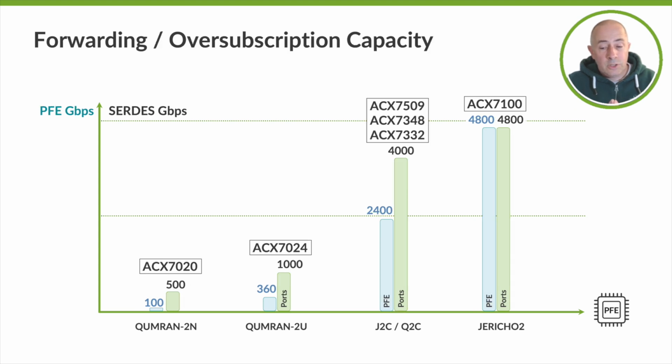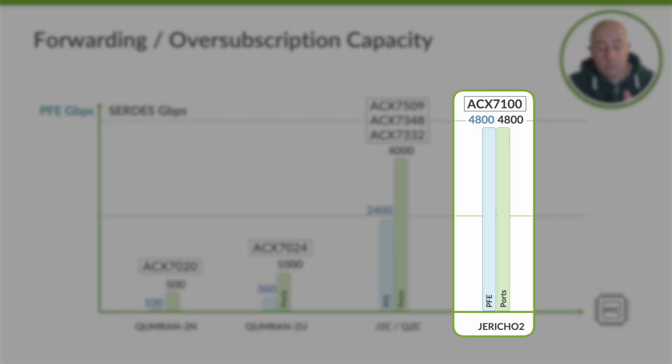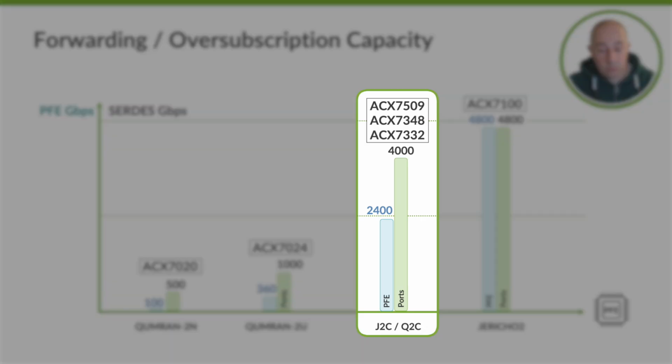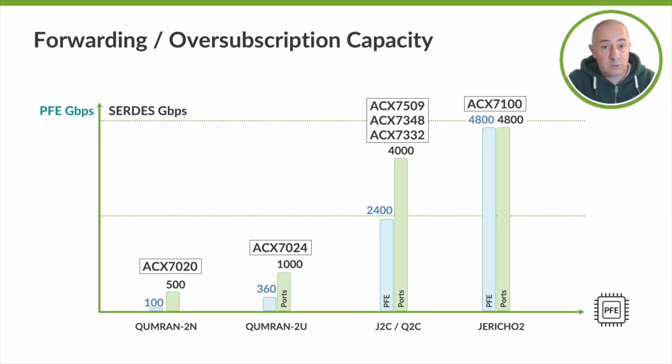Also very interesting to note that the Jericho 2 that we have on the right is not oversubscribed. That means we can push 4.8 tera. Something slightly different happens in the other categories, starting from the Jericho 2C, that is capable of 2.4 tera, but you can connect up to 4 tera of bandwidth of links to it. So it's by design oversubscribed.